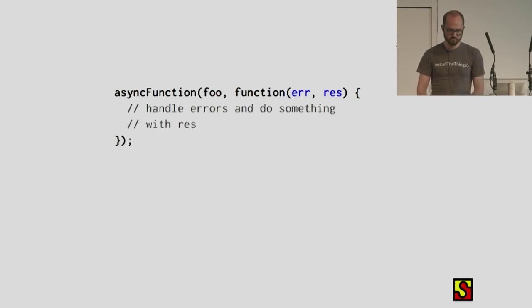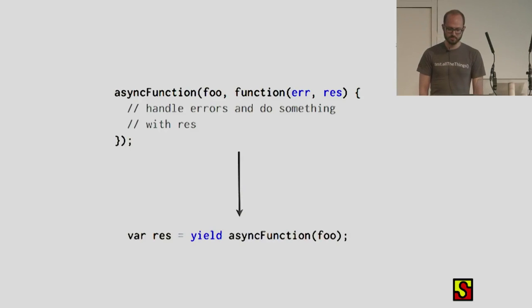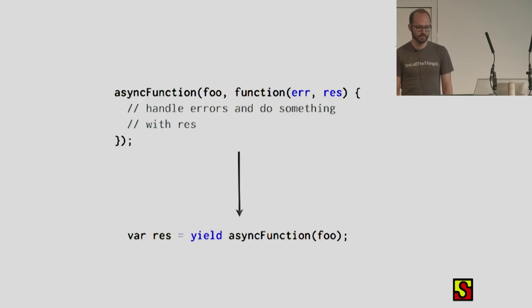So this is a general pattern. In regular callback-based asynchronous JavaScript, you have a function. You can pass it some parameters. The last one is always a function, which is treated as a callback. The callback receives an error as its first parameter and any results as subsequent parameters. And then within that callback, you do the things that you need to do. But with Monocle, it looks a lot more like sync code.